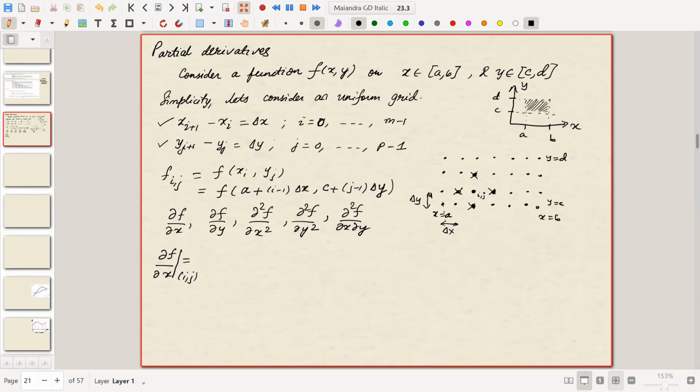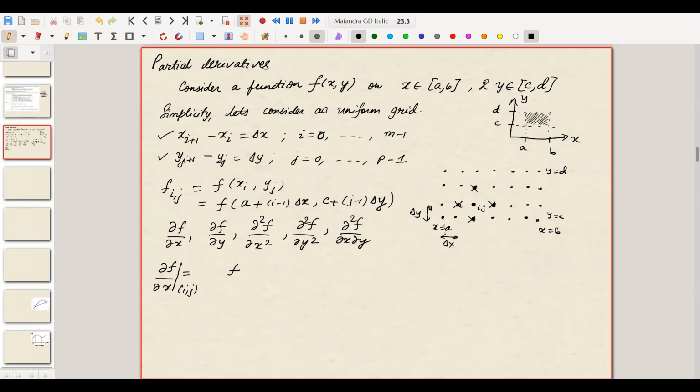So you can see f(i+1, j) minus f(i, j), by, should I divide it by delta x or delta y? Yes, delta x, because you are differentiating with respect to x. So you have to consider the step size of the x grid. So then the error will be of order delta x. Okay. So this is the forward difference formula.